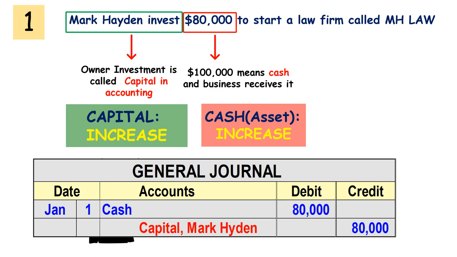And then on the next line, which will be a credit line, you need to put the credit account name, which is capital of Mark Hayden, and that is 80,000 there. So remember, there will be a line for debit, there will be a line for credit. You cannot have two debits, you cannot have two credits only. You must have a debit and a credit. And also the amounts must be the same, 80,000 on the debit side, 80,000 on the credit side.